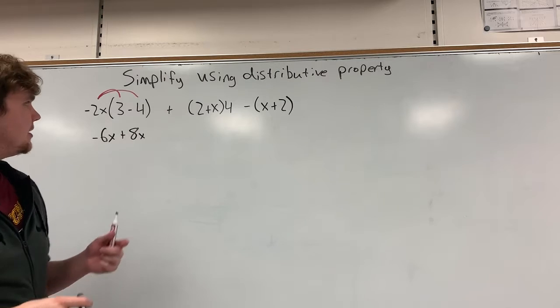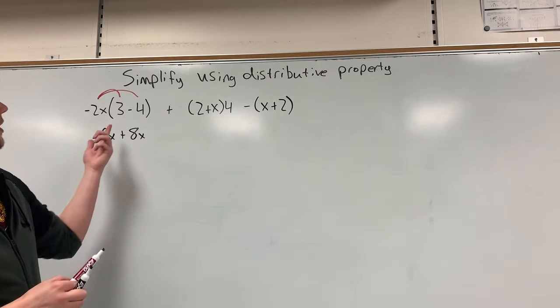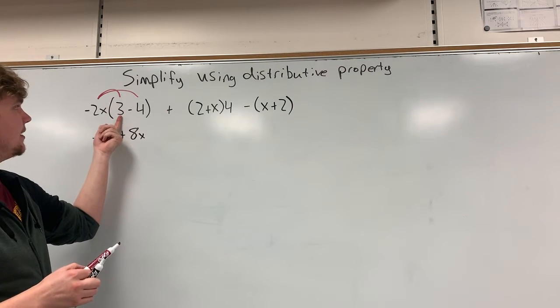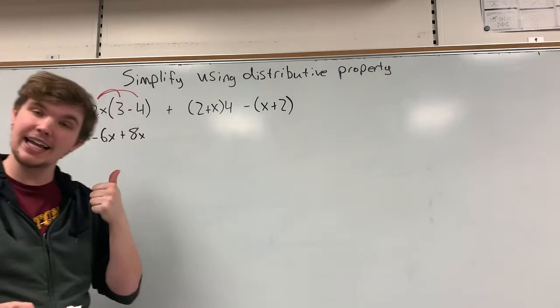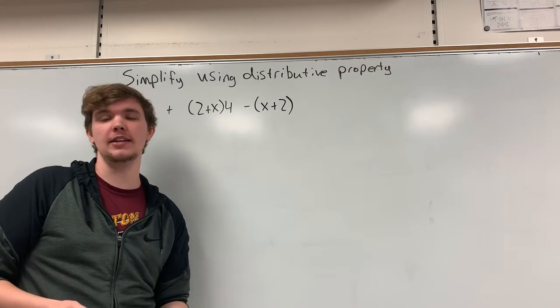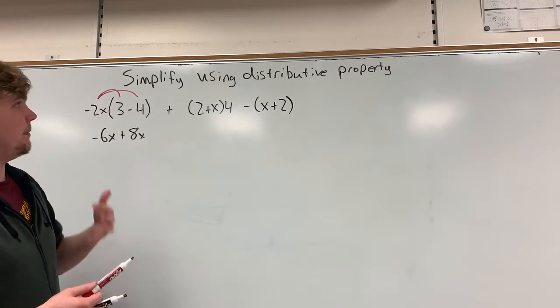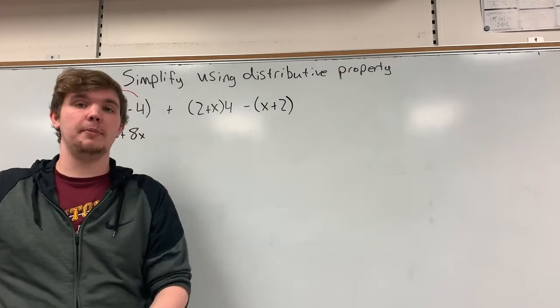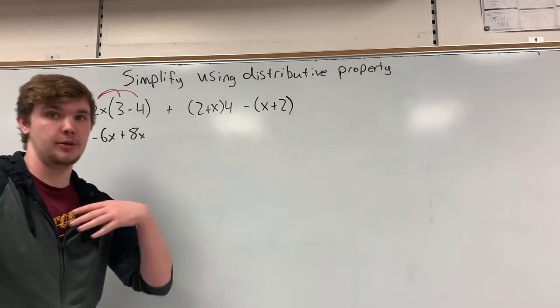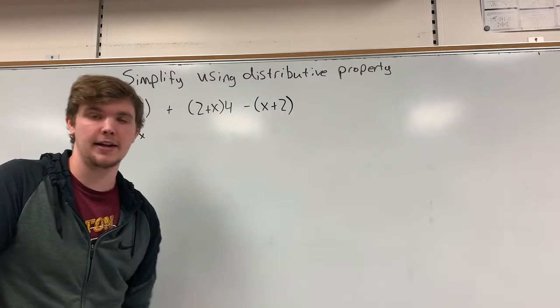Now, it's important to know that if you wanted to, you could have simplified this 3 times negative 4 first. Yes, you 100% could have done that, and you will get the same answer in the end. However, because we're talking about using the distributive property, I like to use the distributive property first and get that done with and out of the way.